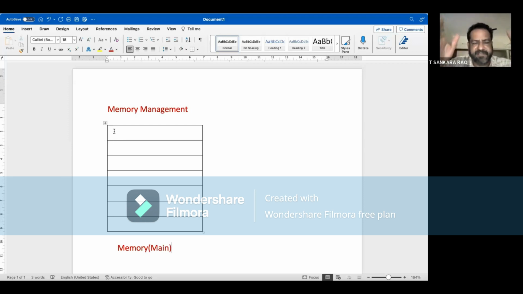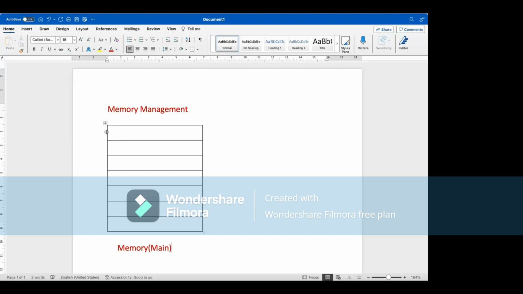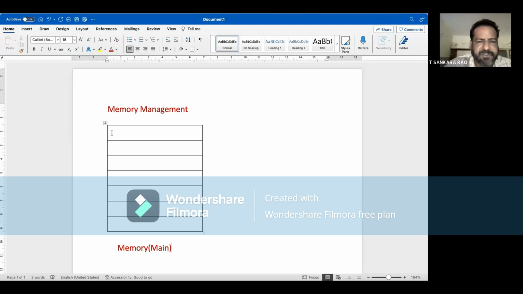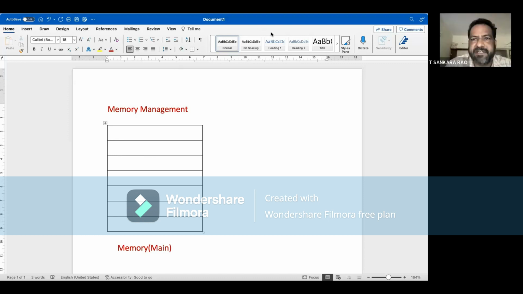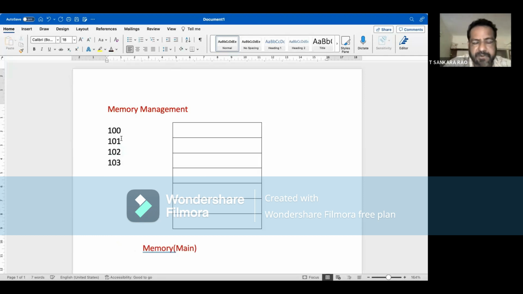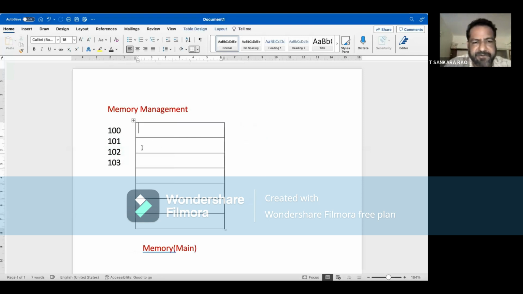Whenever we say some space, we visualize that space as partitions. In order to distinguish each partition, we need to give some index, or we can say an address. So we give the numbering: the first location is 100, the second location is 101, 102, 103, and so on.